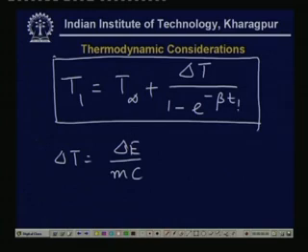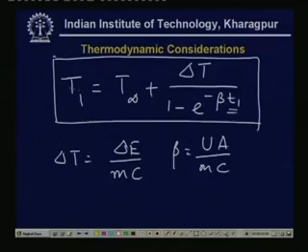So, depending upon the braking cycle, that is T1, and the parameters like beta equal to U times A divided by m c, and delta T, which is the temperature rise and again depends on delta E, m and c, and T infinity, we have the value of T1.